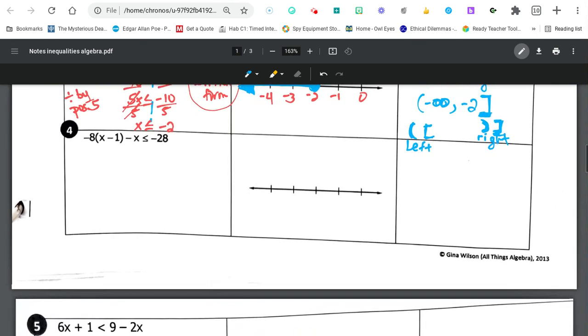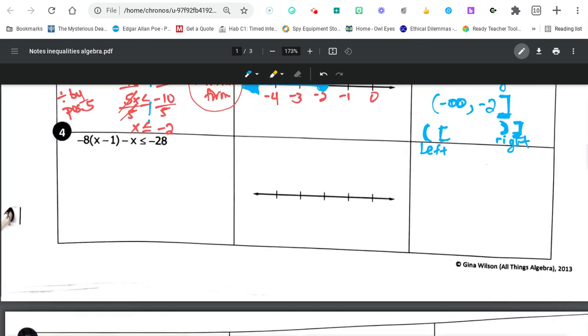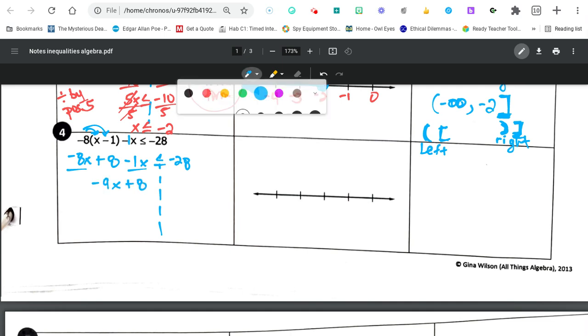So let's take a look at 4. I'm going to put an imaginary 1 and use the distributive property. -8x, and a negative times a negative is a positive. And then I'm going to combine my like terms. -8x and -1x makes -9x.